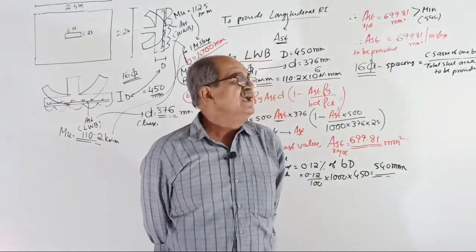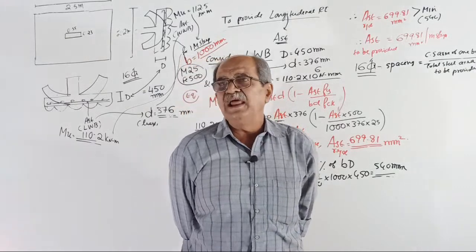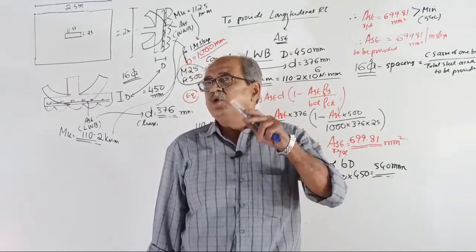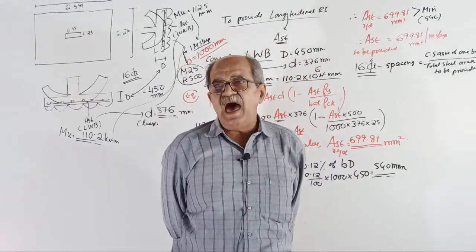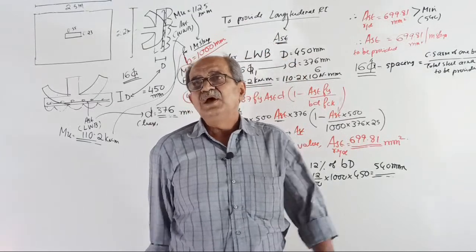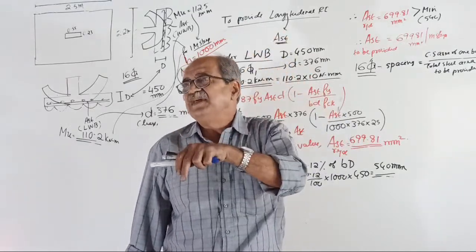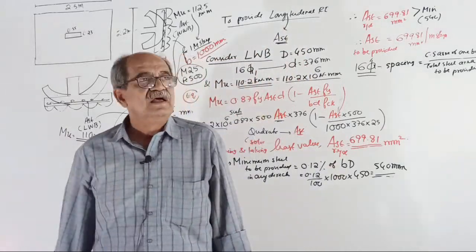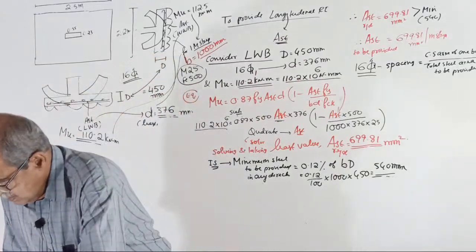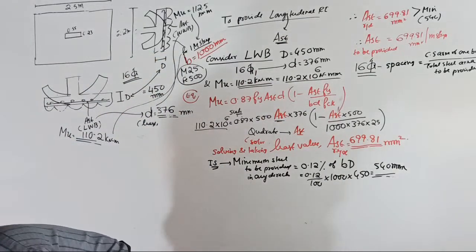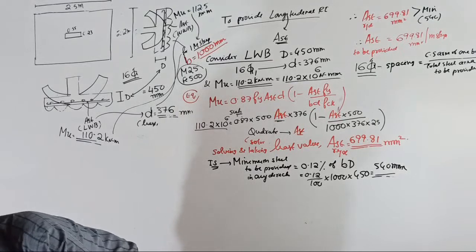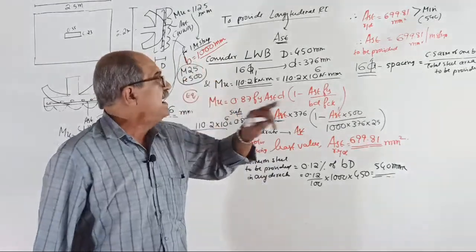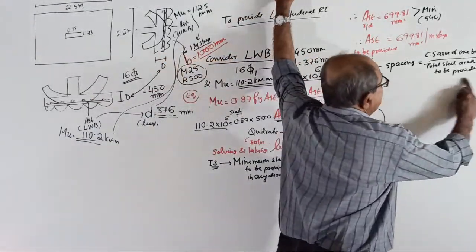If you want spacing, it is area of one bar by total area into B. But once you know the spacing, if you want the actual steel provided, the answer is B divided by spacing, that gives number only, into area of one bar. Clear? Later I will not explain. Better you make a note here only, in a box. Later you need it that way.